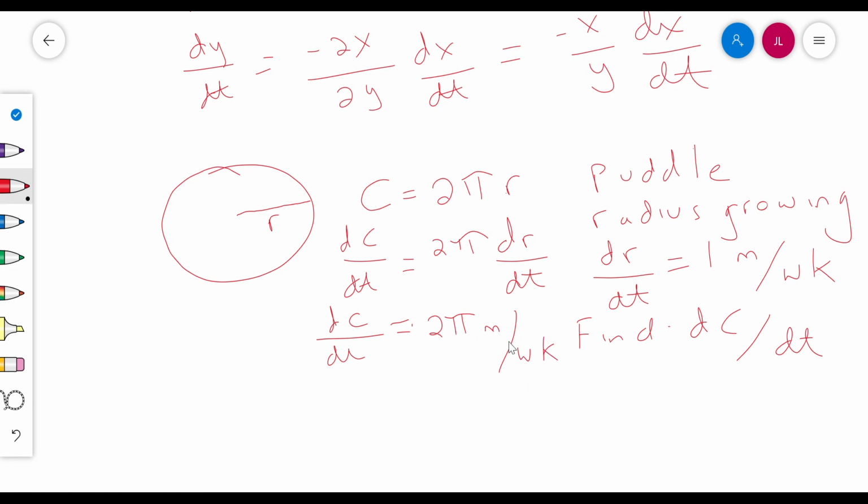Notice that 2 pi is much bigger than 1. Pi is approximately 3.14159, so twice that is much more than 1. The circumference is growing much faster than the radius. Congratulations! You have solved your first related rate problem.